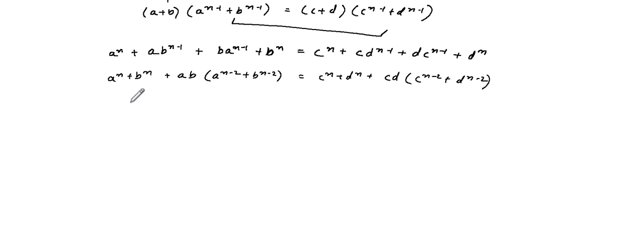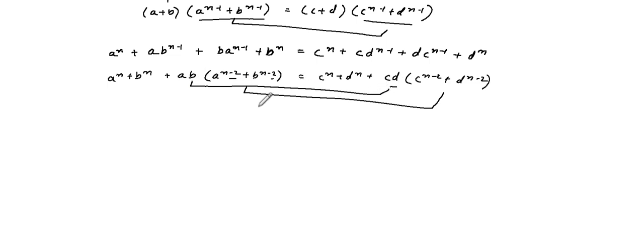Now, since we are assuming that a to the power n minus 1 plus b to the power n minus 1 holds equal to c to the power n minus 1 plus d to the power n minus 1, we have definitely reached it here for n minus 2 as well. So we can again assume that this is already known to us, and this ab is already equal to this cd, we had already proved it.